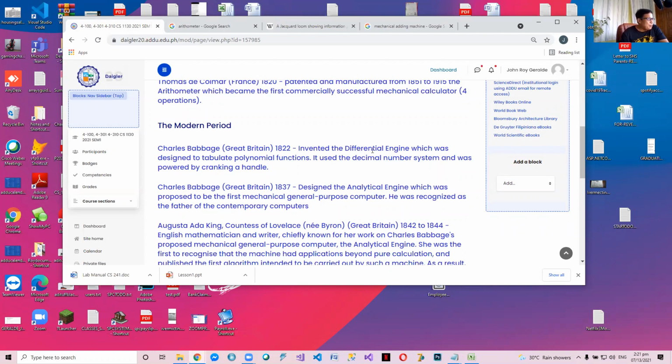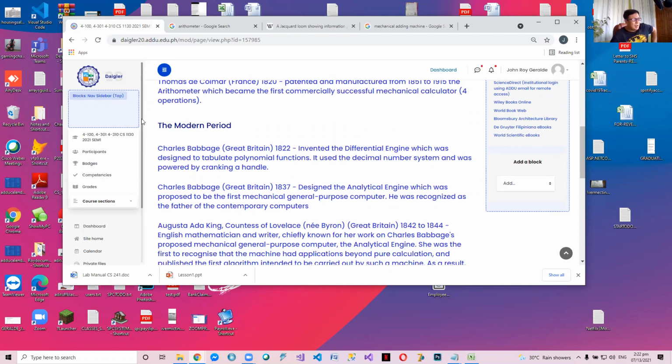The main purpose was to tabulate polynomial functions because mathematicians during those days always computed polynomial functions. He was funded by the British government to invent a machine to tabulate polynomial functions. He designed a differential engine, but it was never constructed. It was just designed in blueprint, because the British government found it very expensive and very useless during that time.